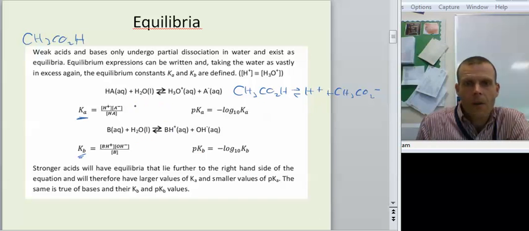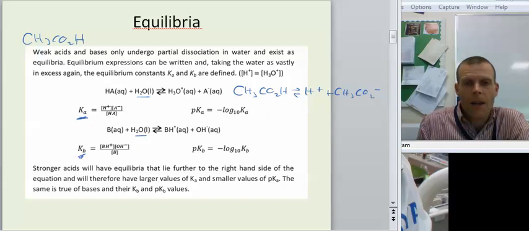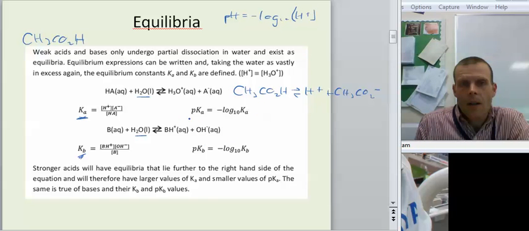Now I'm assuming in both of those that the water is massively in excess and essentially constant, so I'm defining these new equilibrium constants Ka and Kb and leaving out the H2O. But just as we saw with pH being minus log 10 H plus, I can now write pKa, which is minus log 10 Ka, so the p is referring to that function.